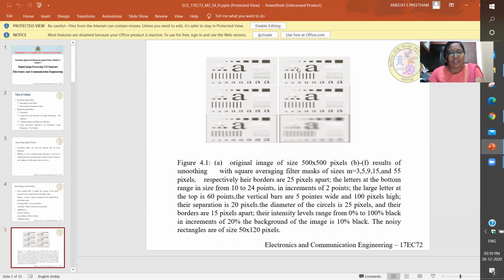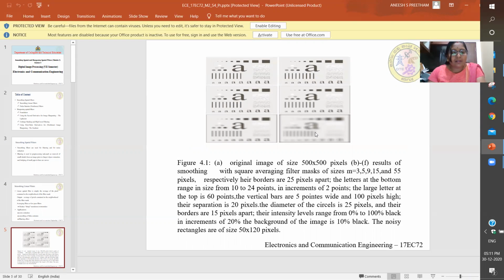In this figure, A is the original figure, and B, C, D, E, F, that is B to F, are considered to be the corresponding smoothed figures of the original image.